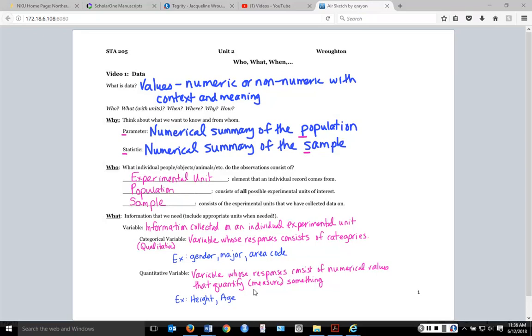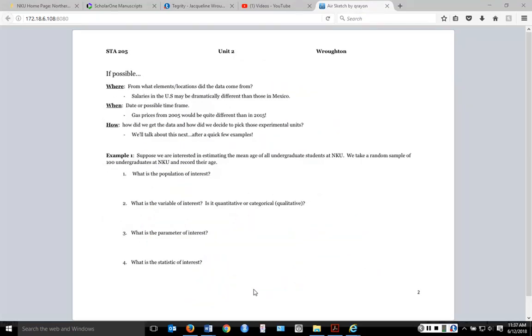Right. Other things that we would like to know, if possible. We would like to know where the data came from. So for example, if we were looking at United States salaries versus Mexico salaries, that makes a pretty big difference to me. So I'd like to know that information. If we were looking at gas prices in 2005 versus in 2015, that's going to be very different.